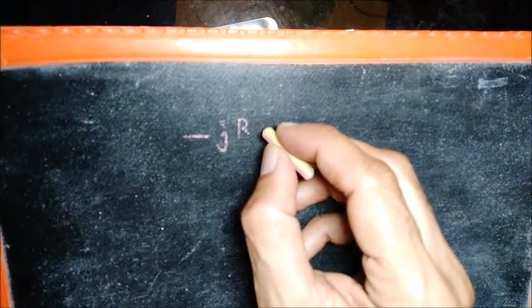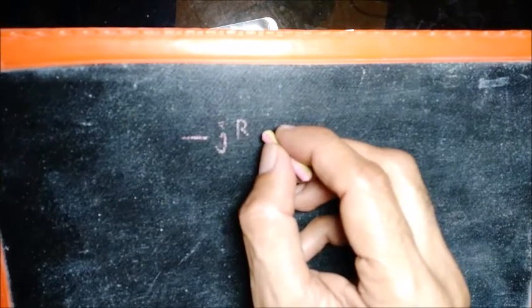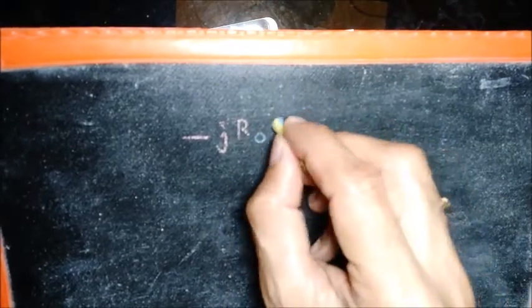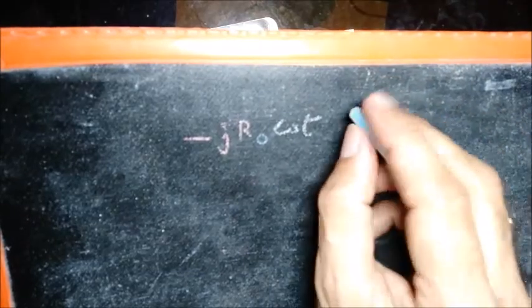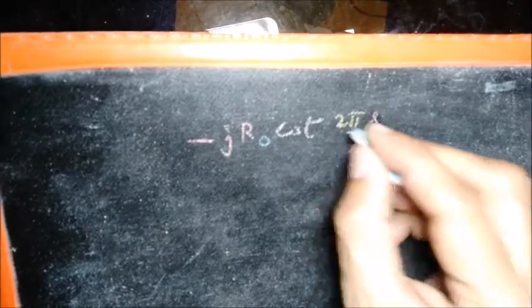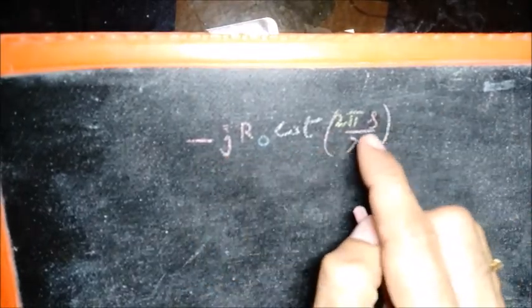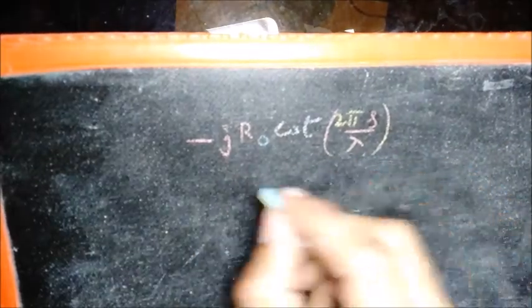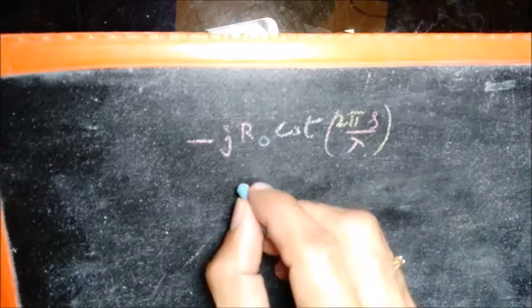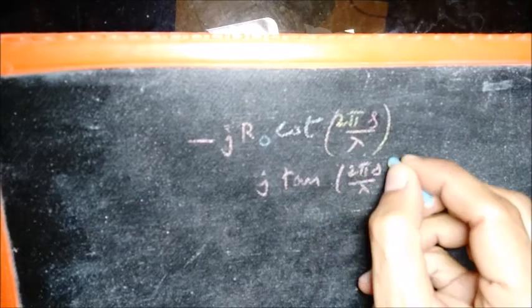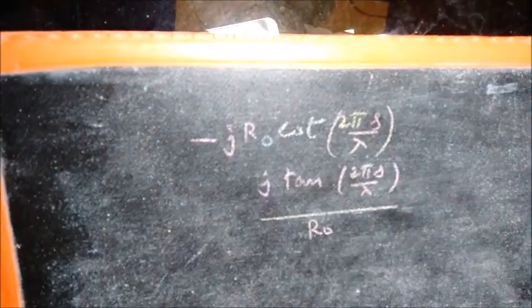Now one can also have an open circuited stub, though it is not preferred. It is possible to have an open circuited stub, and we know that the input impedance of an open circuited transmission line is given by this expression, minus j R naught cot 2 pi s by lambda, which means that the admittance of an open circuited transmission line is given by j tan 2 pi s by lambda by R naught.